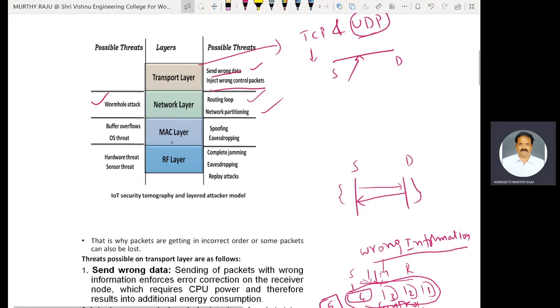Coming to the MAC layer, it is meant to avoid collisions. Some MAC protocols are used to avoid the collisions. Spoofing, eavesdropping, buffer overflow, and operating system threat. These are the possible threats at the MAC layer.